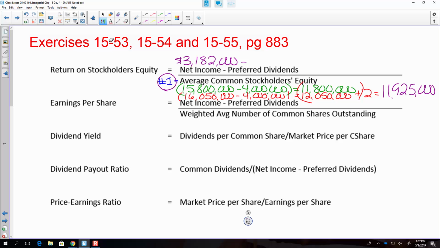The 8%. Very good, Carla. So 8% of how much? 4 million. Very good. So that's what comes off of the net income. So 320,000 coming off of the 3,182,000.